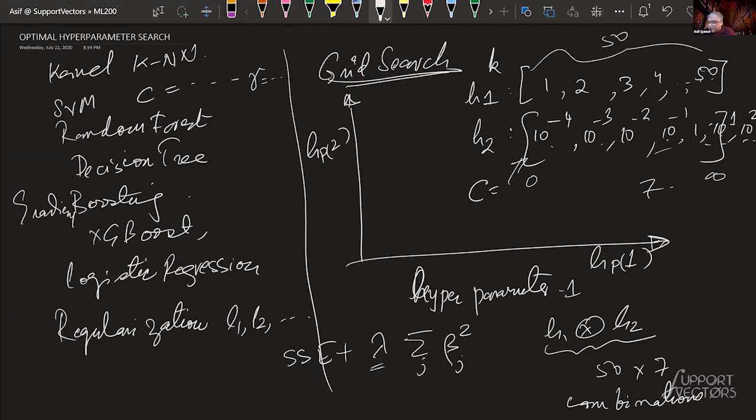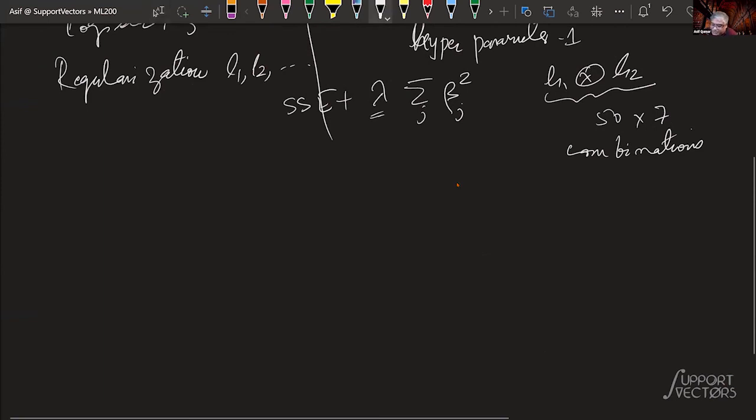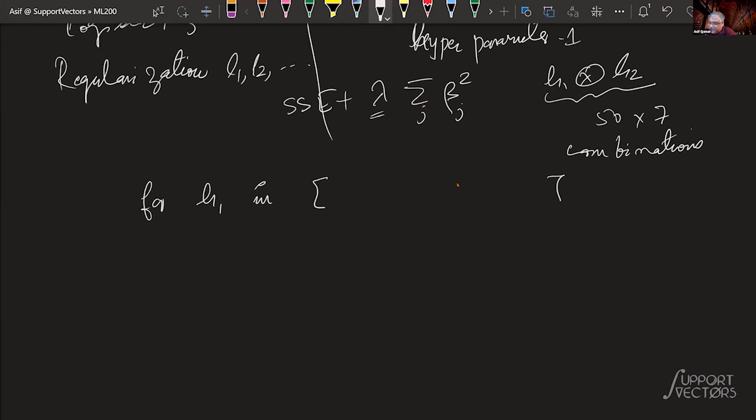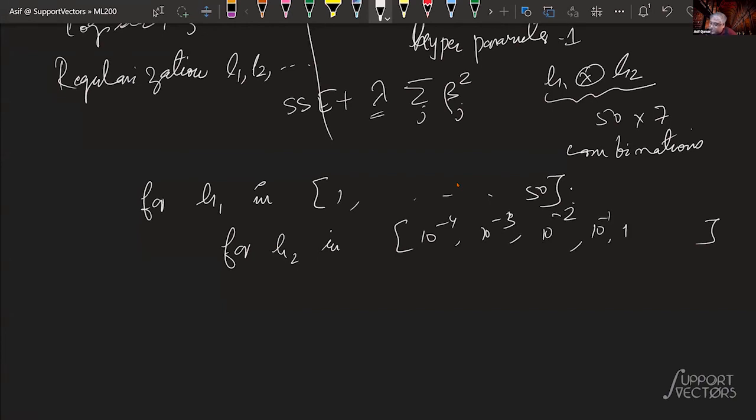So quite often, the grid search approach essentially suggests that you take for H1 a value in 1 to 50, for H2 a value in 10 to the minus 4, 10 to the minus 3, 10 to the minus 2, 10 to the minus 1, 1, 10, 100, let us say. You lay it out like this.